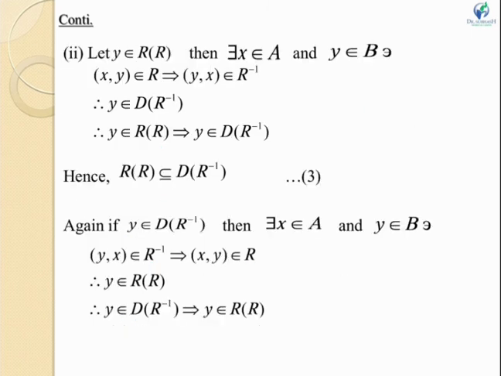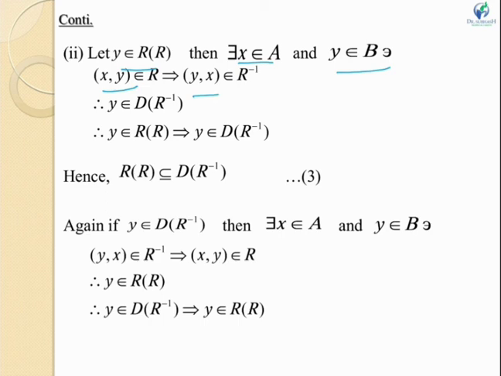Now the second part. Here we are taking y belongs to the range of R. If y is in the range of R, then it must be the second element. Then there exist x belongs to A and y belongs to B, such that (x, y) belongs to R. Now if (x, y) belongs to R, then (y, x) must be in R inverse.